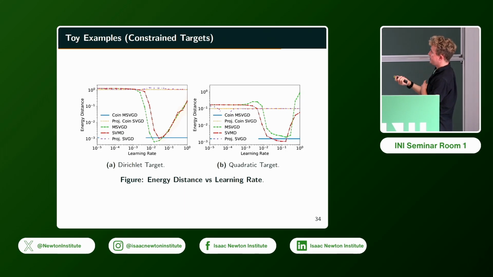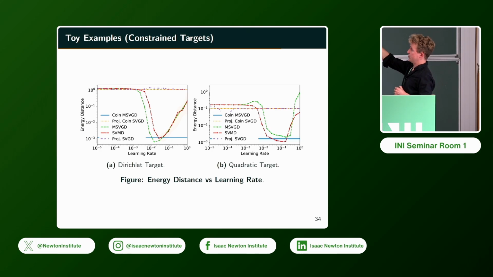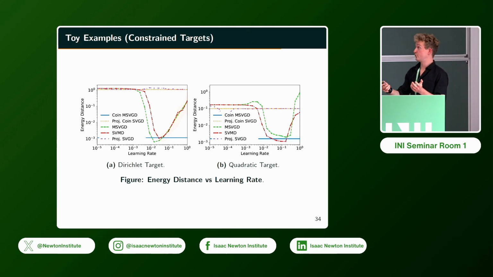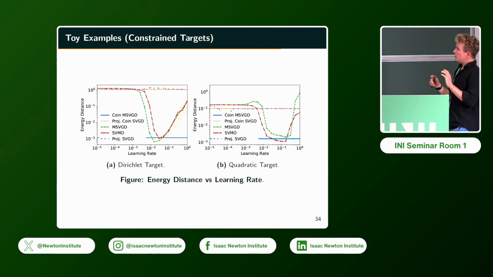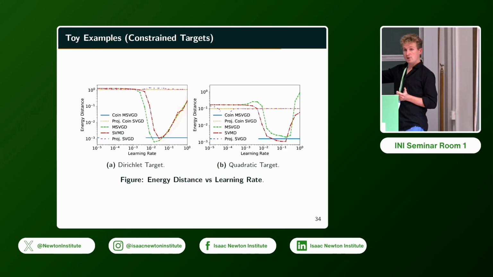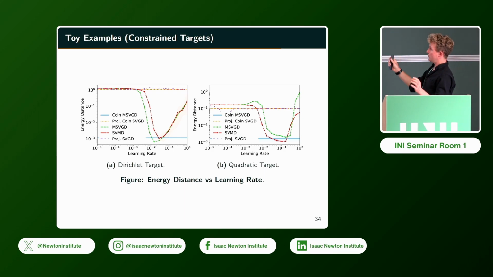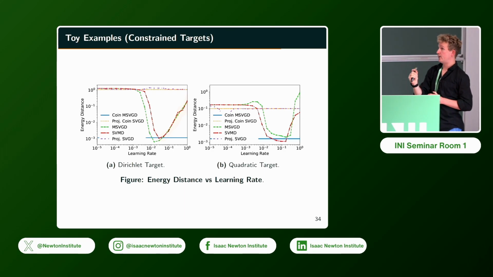And what you essentially see is that other algorithms, such as these adapted versions of SVGD which are suitable for constrained targets, shown in the green and the red, will do slightly better than our method if you find the optimal learning rate, but generally if you're outside a very small range of learning rates, you're going to perform worse.